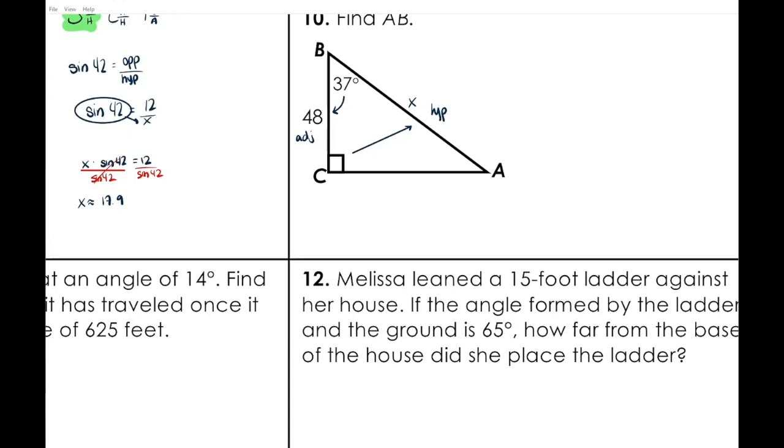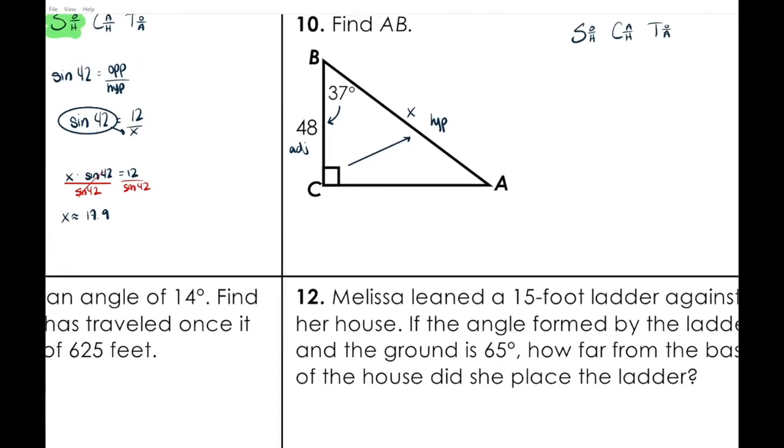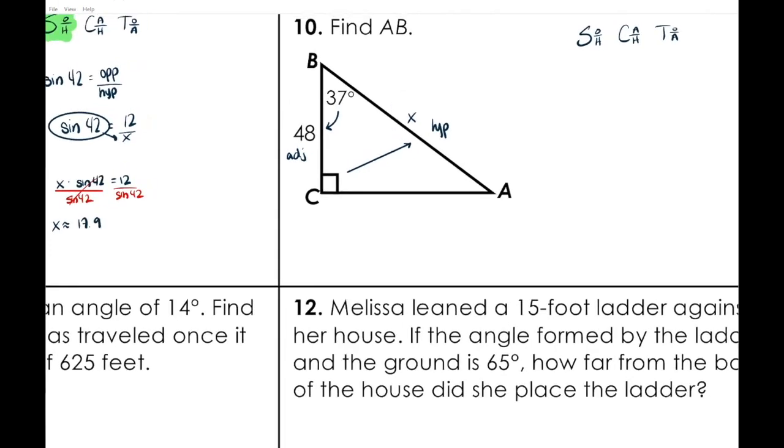So looking at our trig functions, SOH CAH TOA, identify the letters we know. We know A and we know H, which means we're going with cosine.